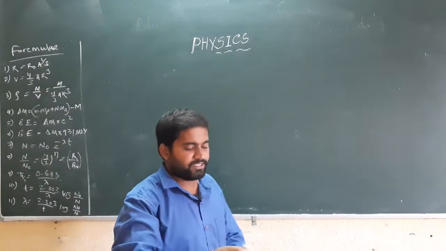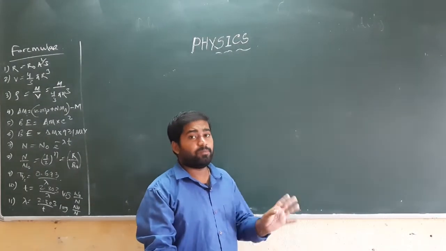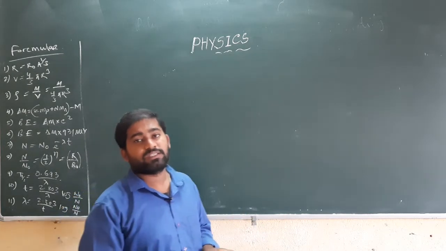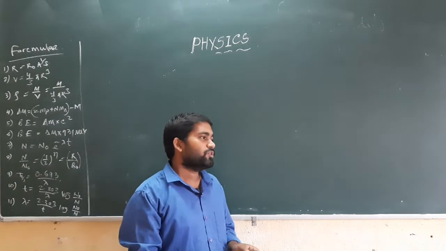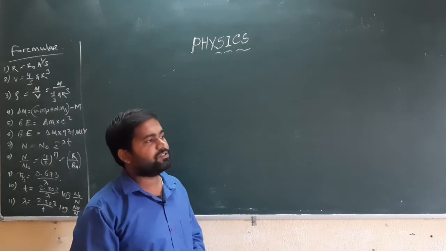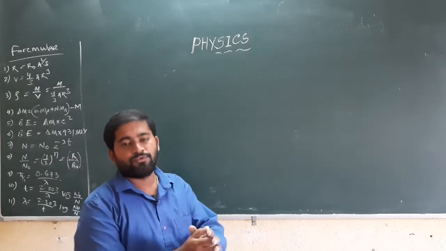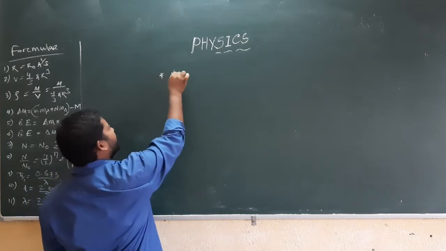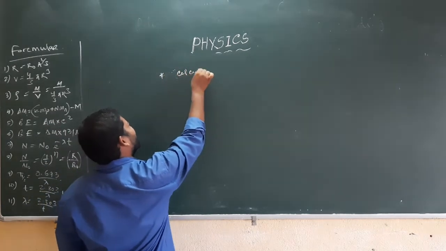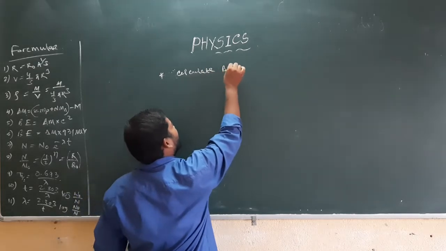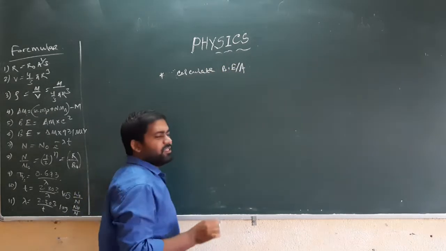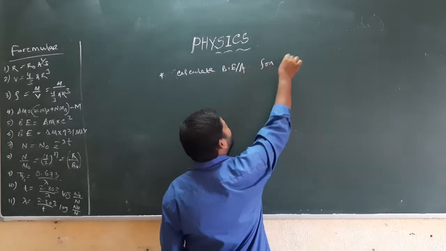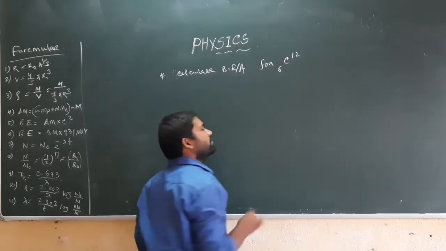Okay. So next, binding energy per nucleon. Binding energy per nucleon means we can say that is the average binding energy. So suppose the given data is like: calculate the binding energy per nucleon for a carbon 12 atom.